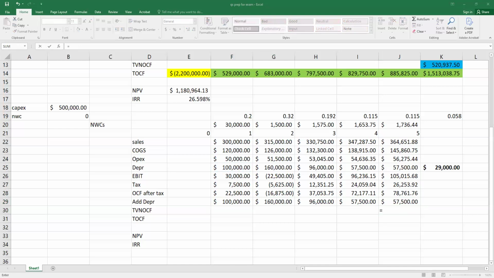So salvage value is 50,000 plus all net working capitals, so the sum of all net working capitals, minus 0.25 multiplied by the book value remaining, so salvage value minus book value.